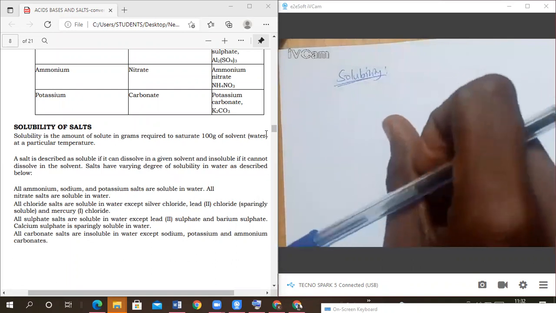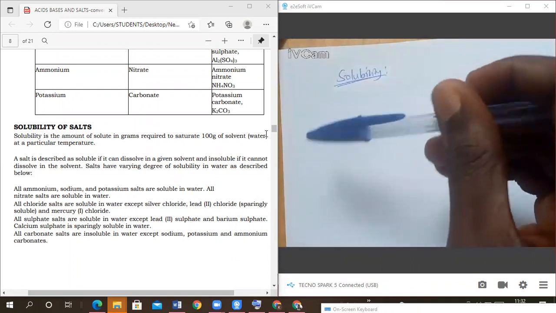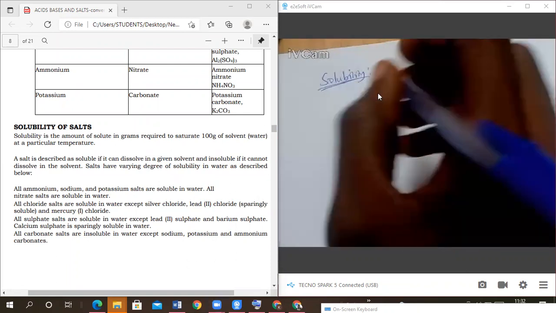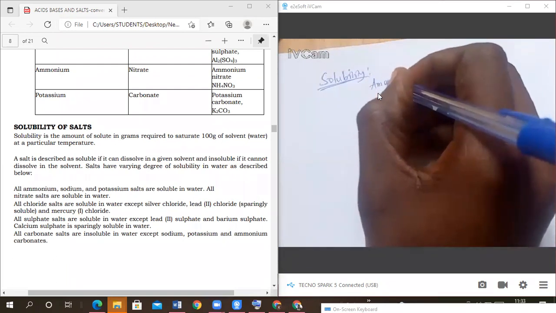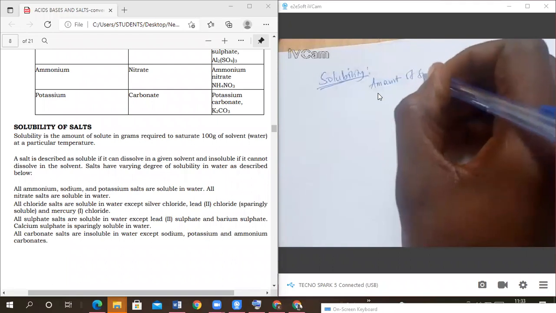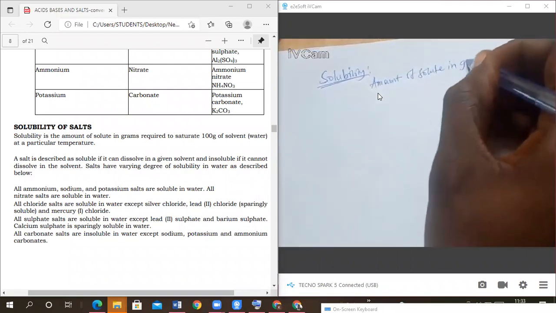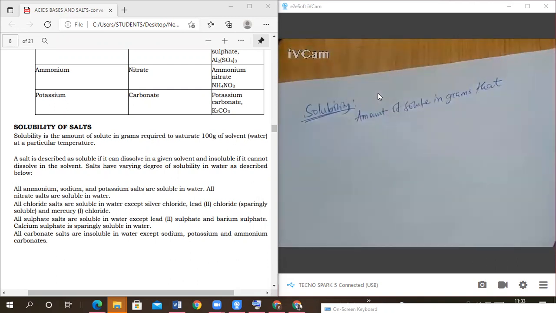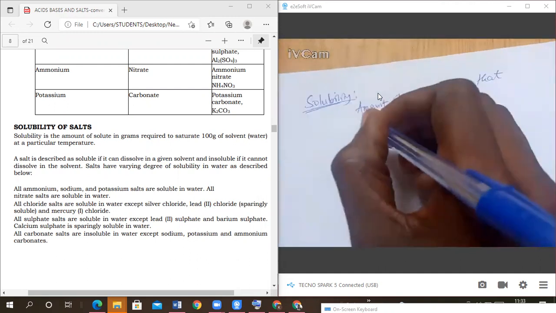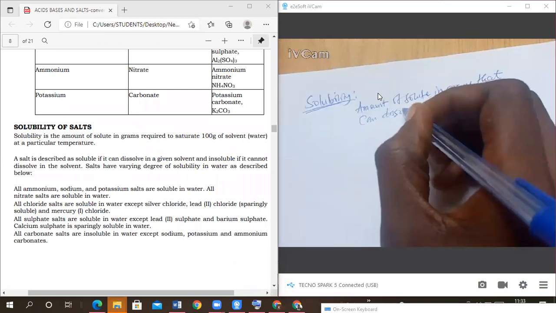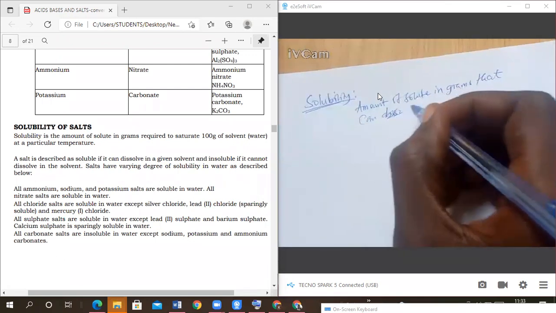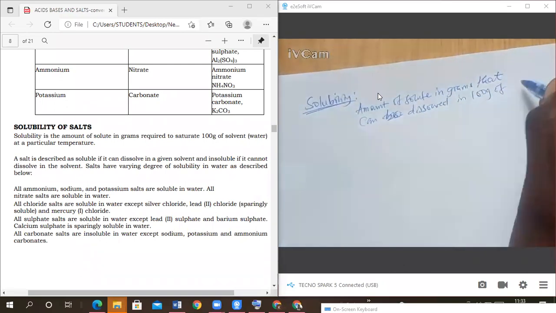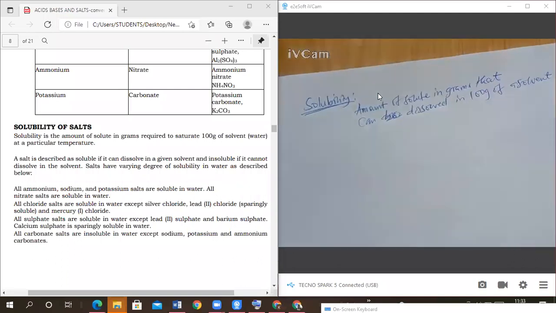Solubility means the amount of a solute that can be dissolved in 100 grams of a solvent, brackets water. Amount of a solute in grams.